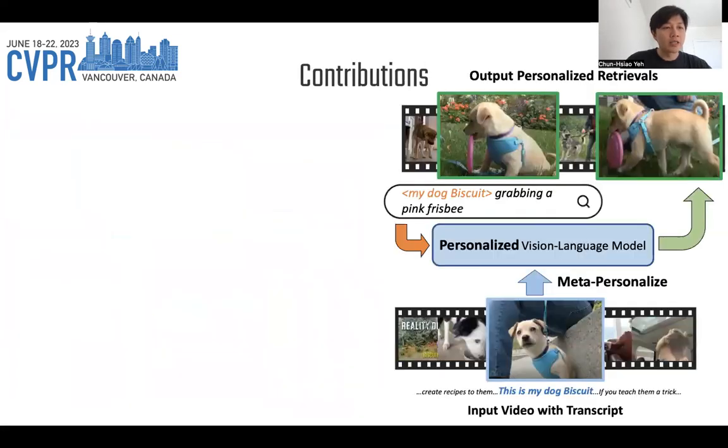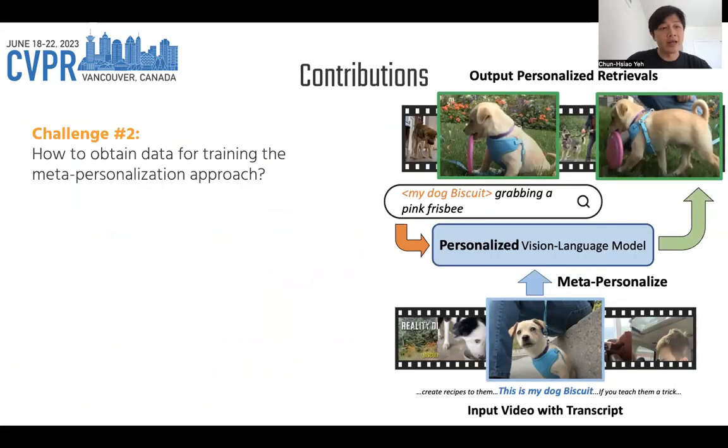Here we also address the challenge of how to get training data for learning our meta-personalization. We propose an automatic mining of named instances in narrative videos. We match a large set of videos with their timeline transcript by searching text patterns like "This is my."